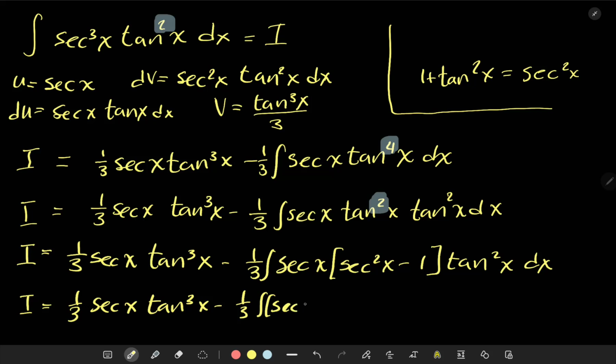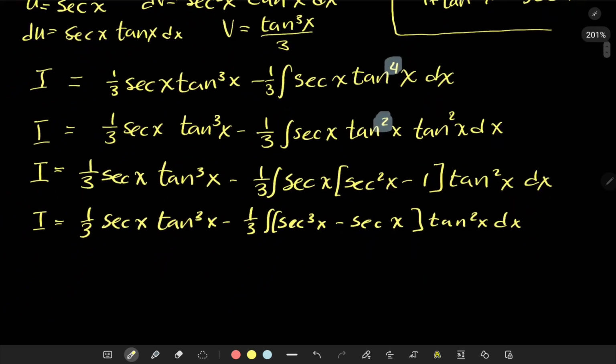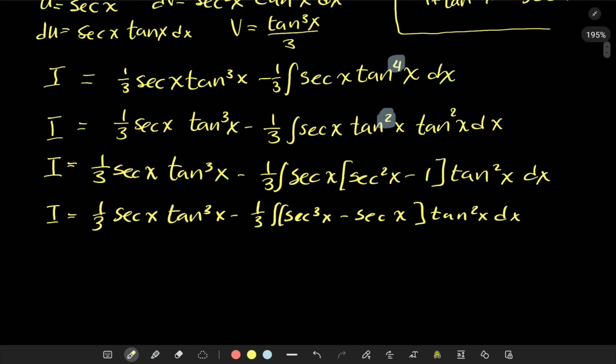So secant cubed of x minus secant of x, and then tangent squared of x dx. And you say, this is getting complicated and this guy doesn't know what he's doing, but I do. Let's hope. The secant cubed and the tangent we can multiply together, and I'm going to separate the integral so you can see what's happening.